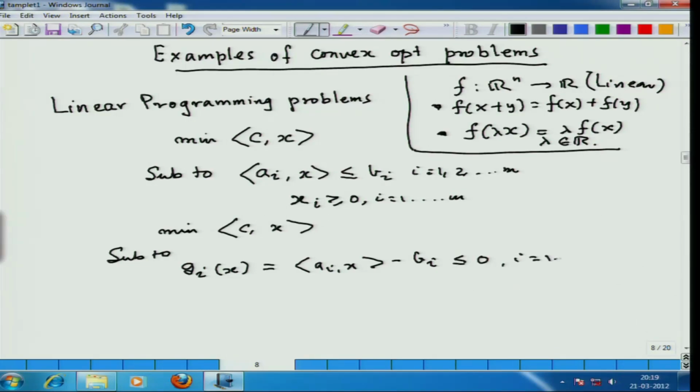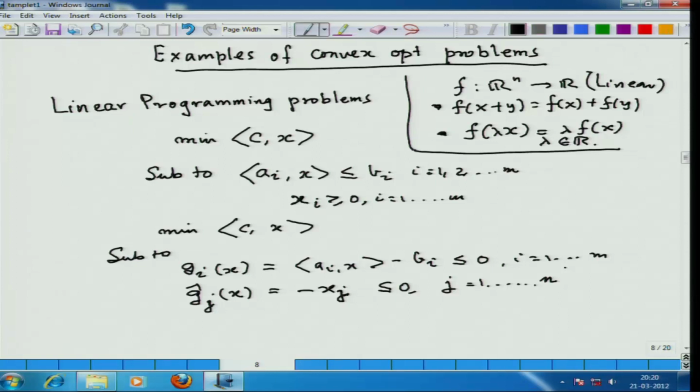Here I have m inequality constraints and also another group of n inequality constraints, which I read as minus xj less than or equal to 0. So, the m plus n constraints.